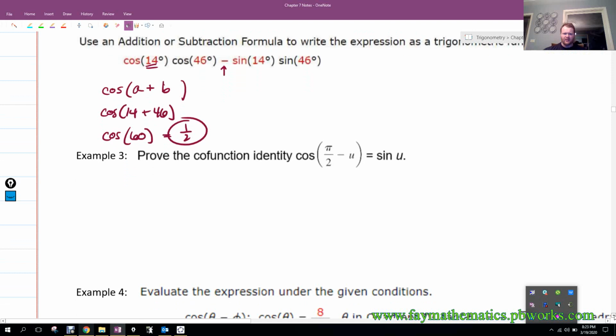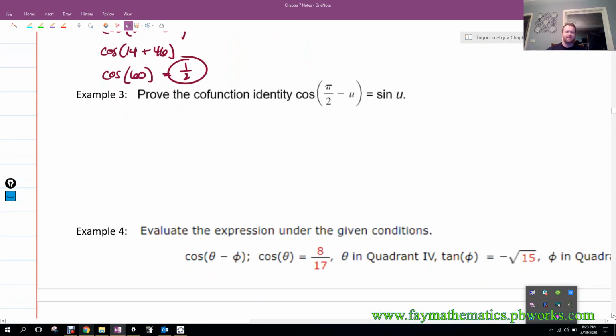Example 3, just proving a cofunction identity. And we've done this, we've proven this other ways using translations, okay? Using phase shifts and cofunctions, even odd properties, that kind of thing. So now let's do this. So let's use this sum difference formula.